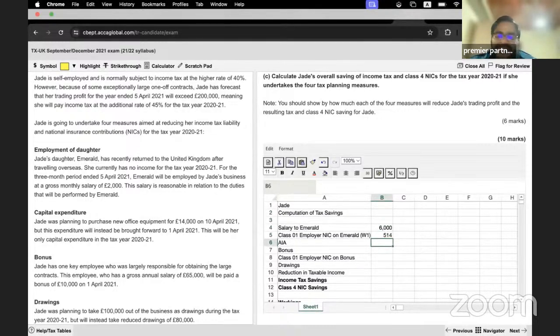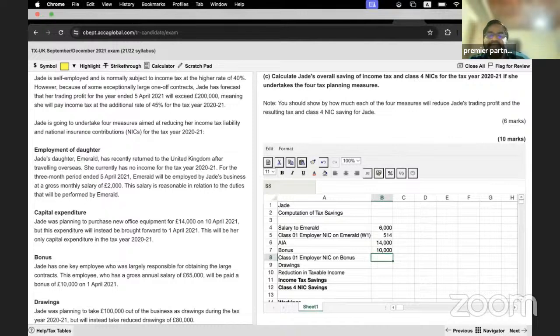Then from the capital expenditure, we already discussed, there would be another 14,000 reduction as AIA. So I'm giving that reduction as well. Bonus, 10,000, again going to create a reduction in the taxable trading income. So 10,000 I'm taking.